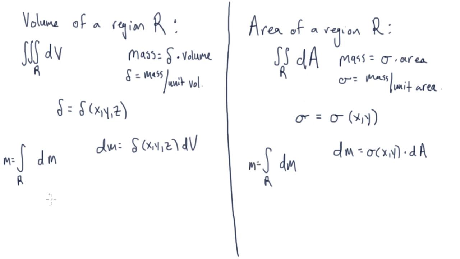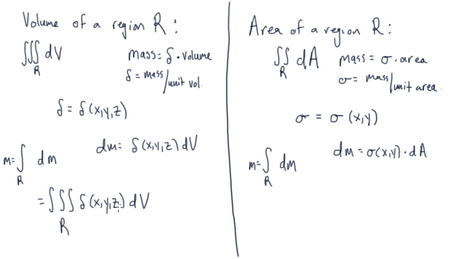And now when I set it up as an iterated integral for a volume region, well, I just integrate over the region this density function, delta of x, y, z, over the volume elements. And now here I can sort of pick a coordinate system.